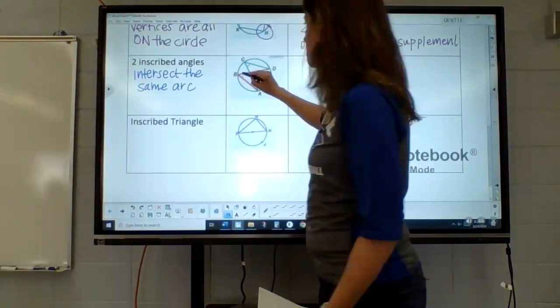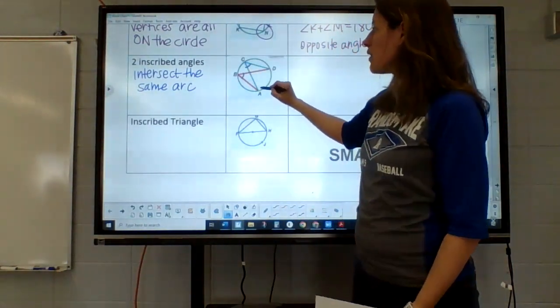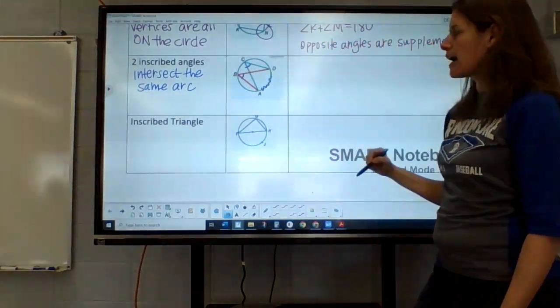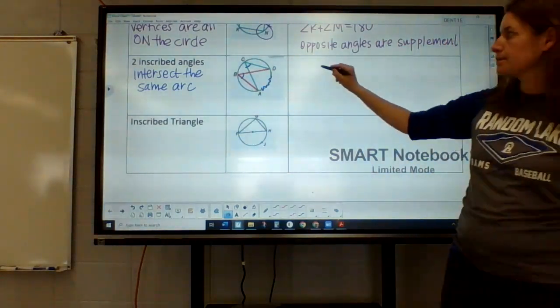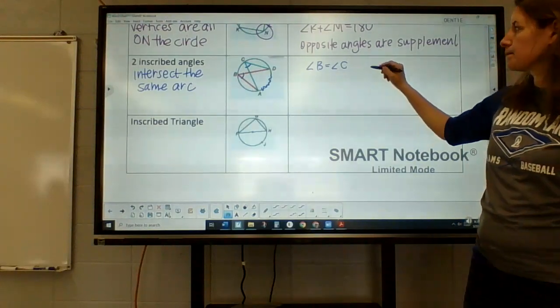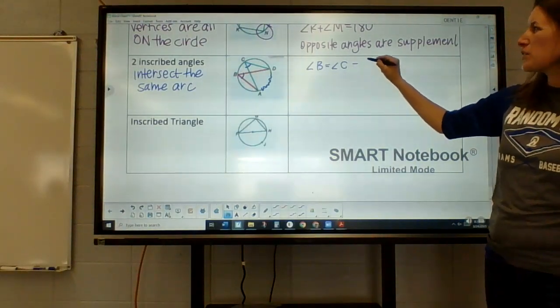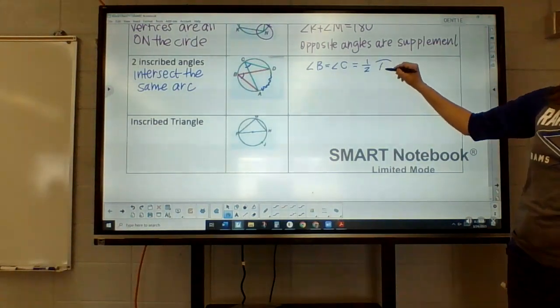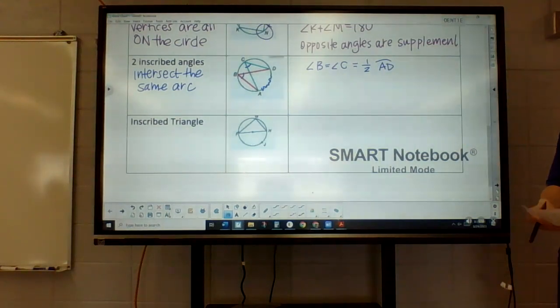So C and B are going to be equal because they both intersect arc AD. And they're also going to be half of arc AD, so that's probably important to point out.